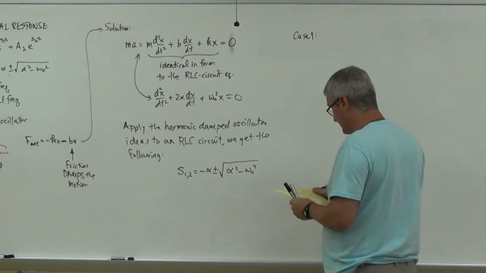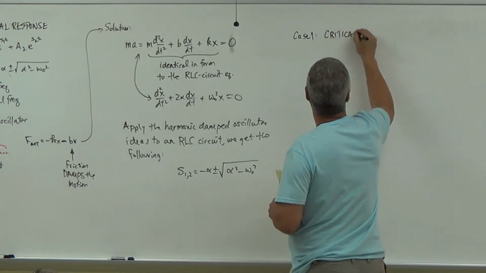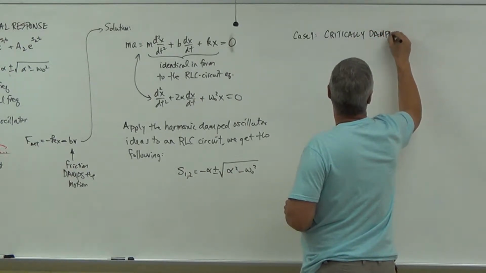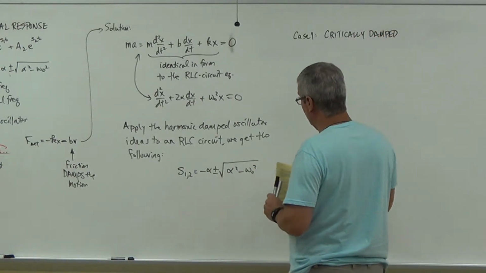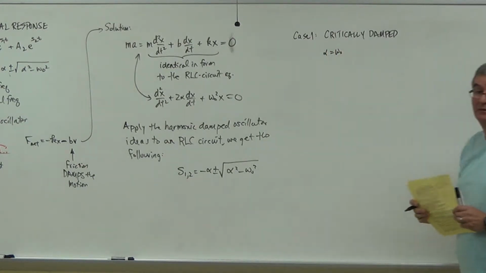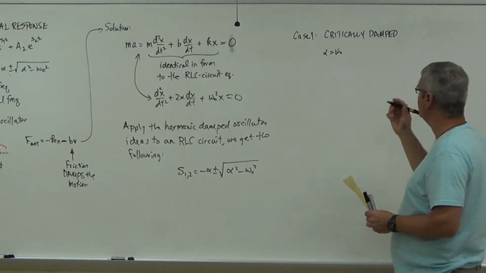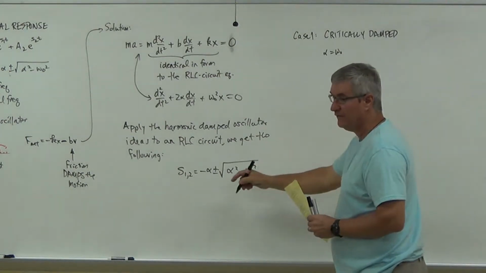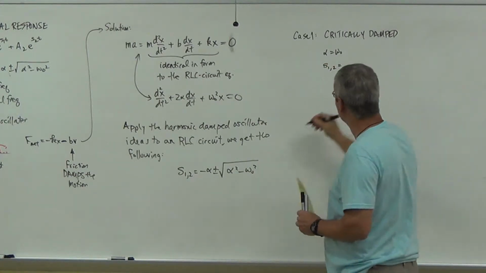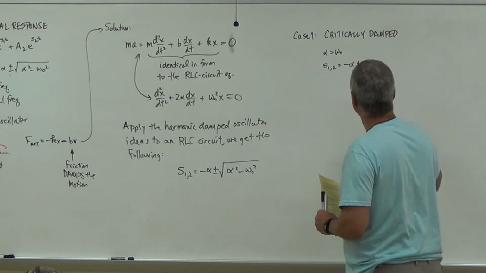Case 1 that I picked here is what's known as critically damped. So when I look at critically damped, this means here when alpha is equal to omega naught. When alpha is equal to omega naught, what this immediately tells me is that if I look at S1 and 2, this radical tells me that it's got to be minus alpha plus or minus 0.